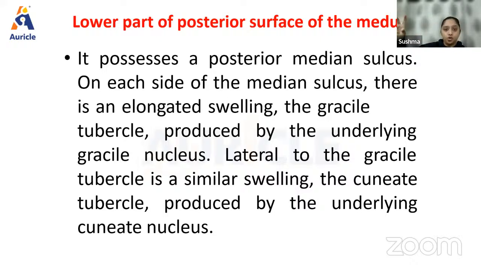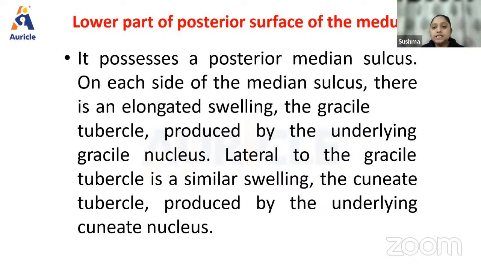These second order neurons cross over to the opposite side in the medulla and then reach the thalamus. From the thalamus, the third order neurons reach the cortex.